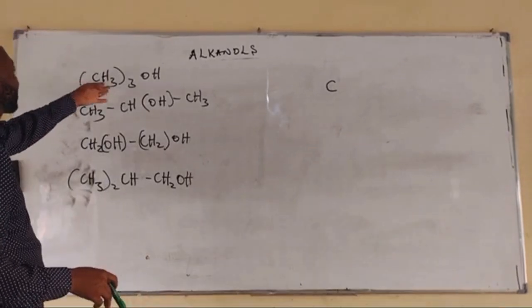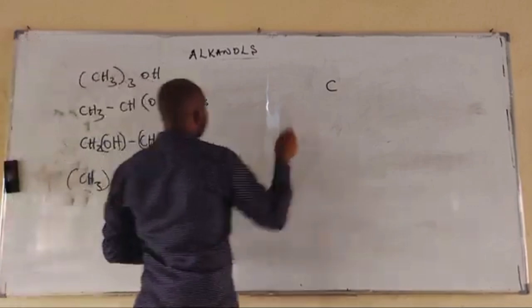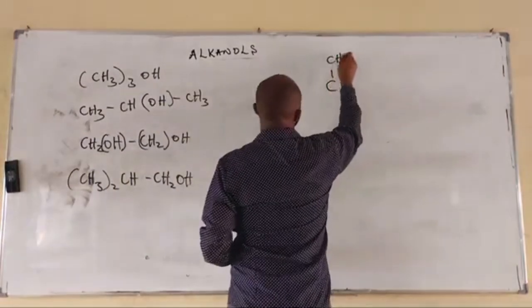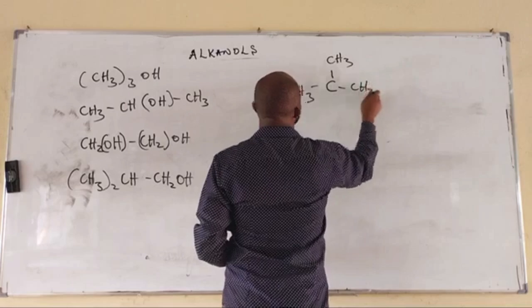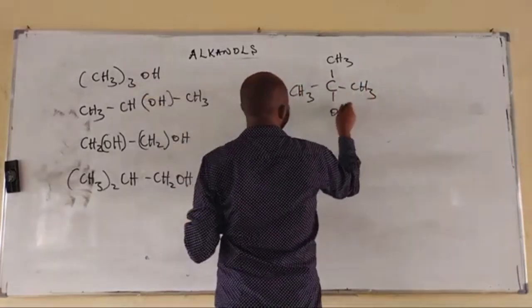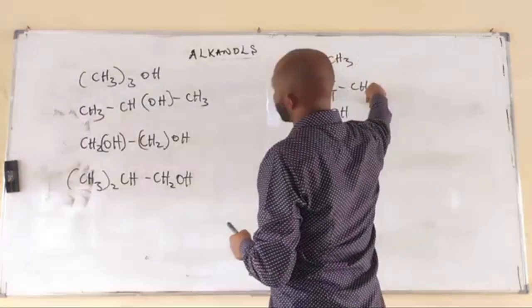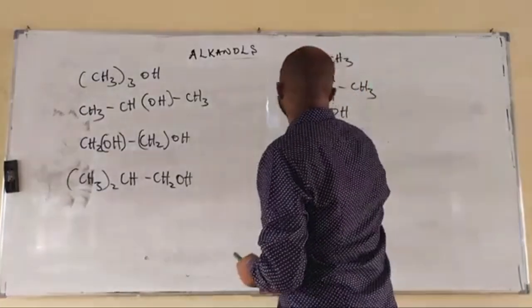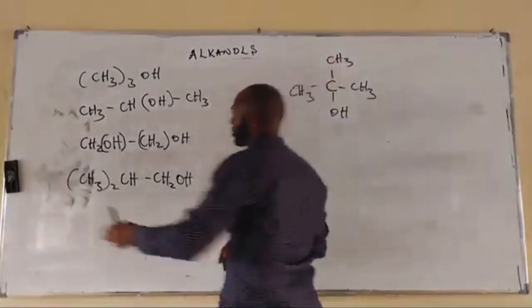There's supposed to be something like CH3. So I think this is what they mean. CH3, CH3, CH3. Then this is our OH. So there are 3 CH3 and OH. So this is a tertiary alcohol. So that one is out.